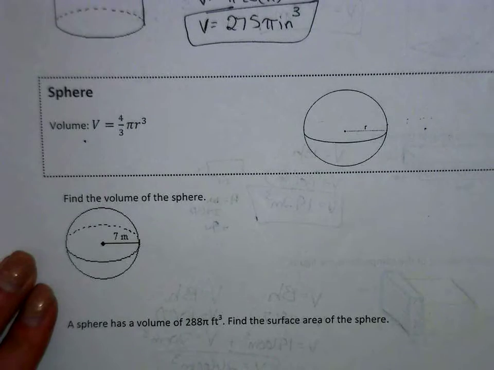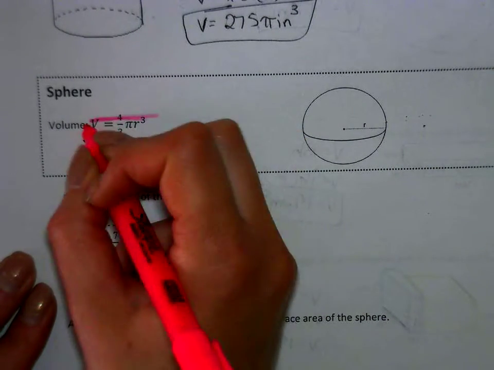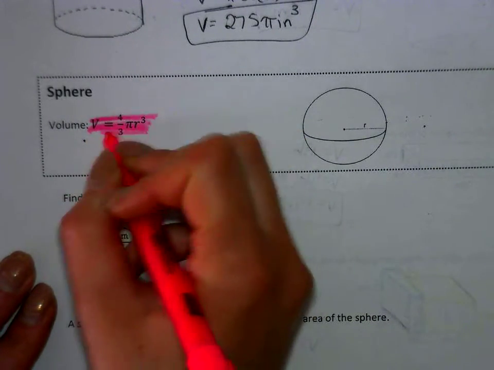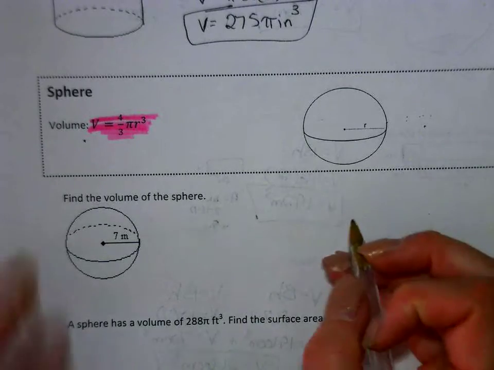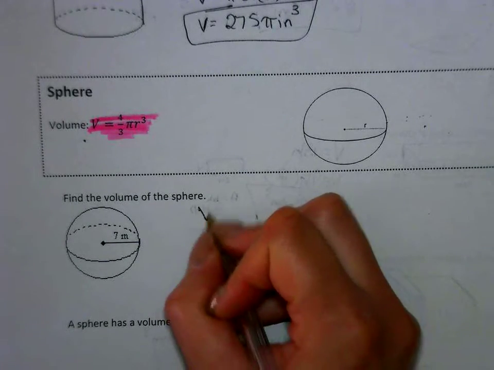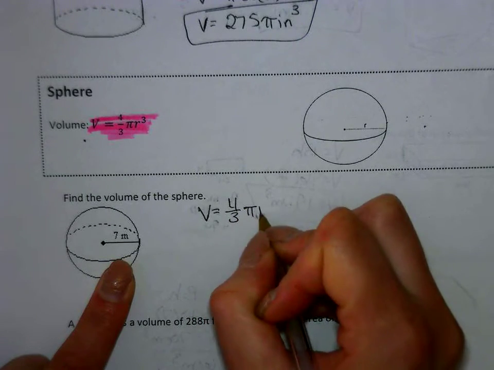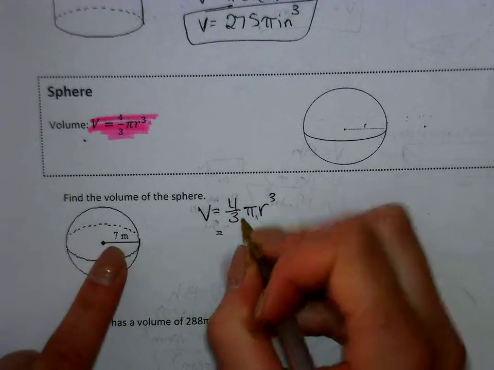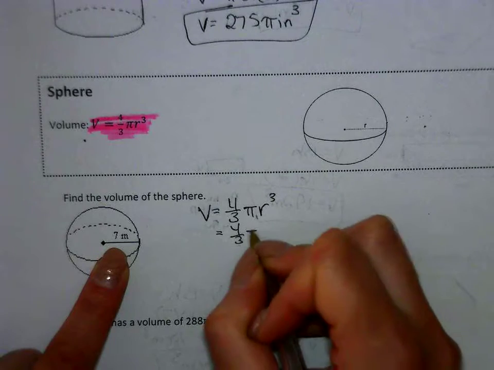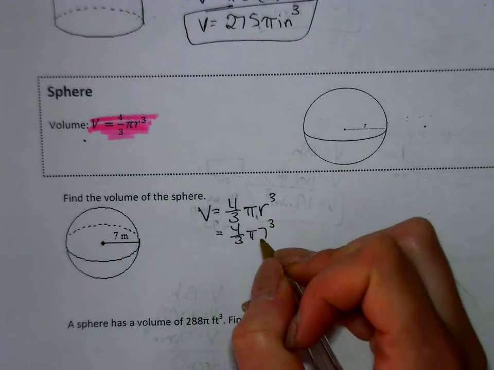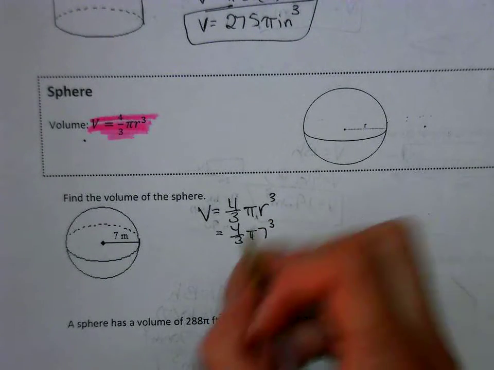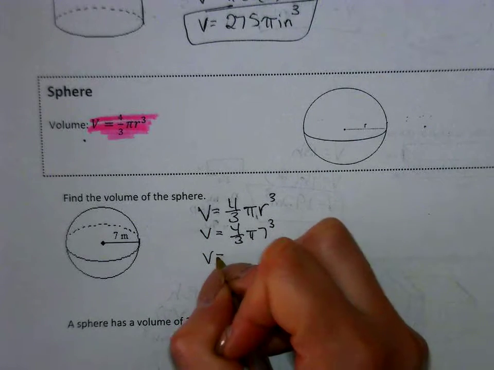The volume of a sphere equals 4/3 times pi times the radius cubed. So to find the volume of this sphere, we have 4/3 times pi times our radius cubed. Our radius is 7, and 7 cubed is 343.